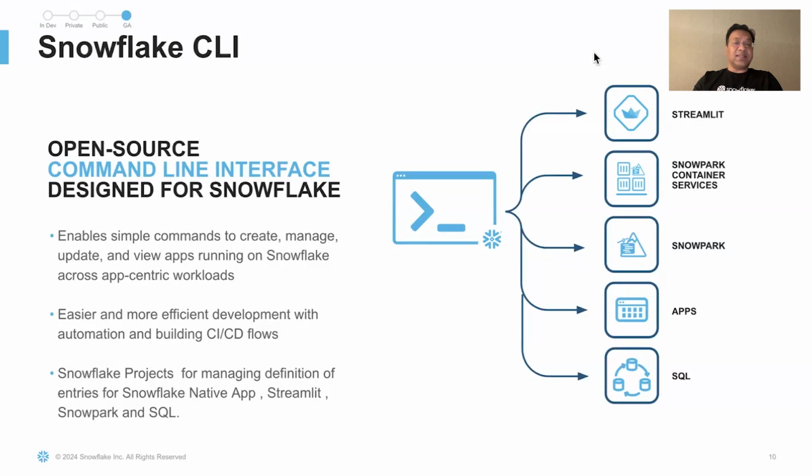This also provides an easy and effective way for you to do automation and build CI/CD pipelines. We have already introduced plugins for different CI/CD systems like GitHub Actions, Jenkins, and Azure DevOps. And then we have also introduced a new concept called Snowflake projects, which allows you to manage definitions of entities for different workloads like native apps, Streamlit, Snowpark, and SQL, all from one single file, snowflake.yaml.